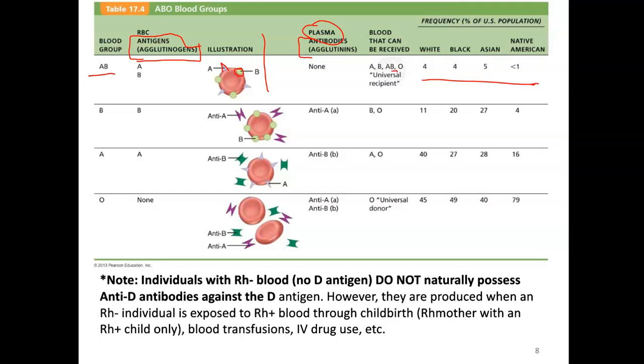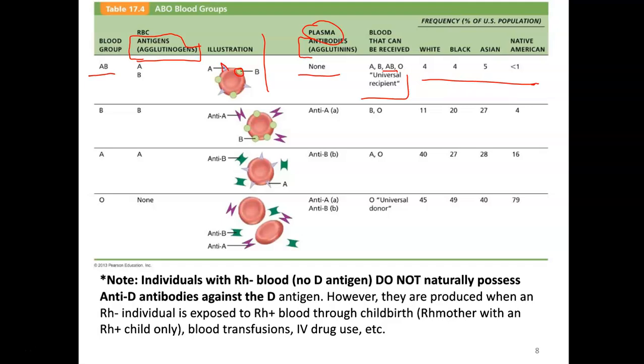They are referred to as the universal recipient because they do not have any antibodies in the plasma. But the reason they can't donate to anybody but people with type AB blood is because both the A and the B antigen are found on the cell membrane.